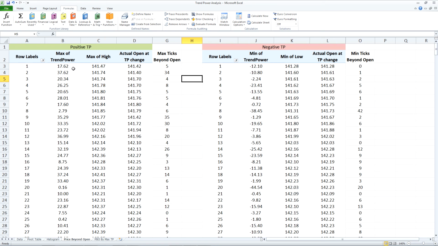So you see 1762, and it went 5 ticks beyond. Next one is 3762, and it went 34 ticks beyond, and so on and so forth.